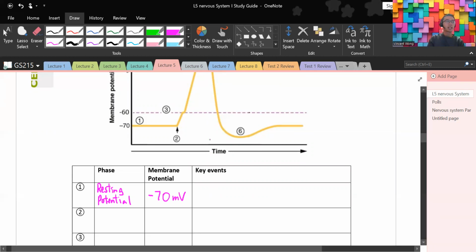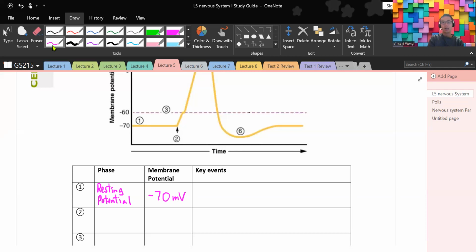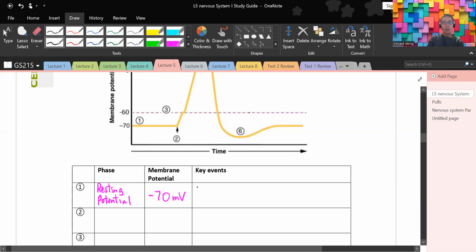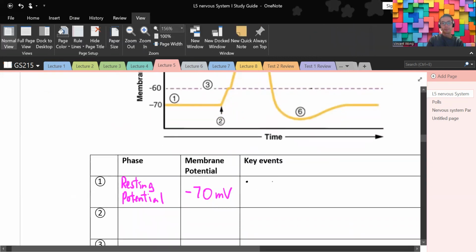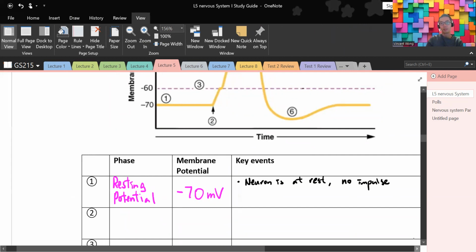So let's take a look at the key events taking place here. Actually, nothing much is going on. No signal. We can say the neuron is at rest. No impulse. Impulse means signal.